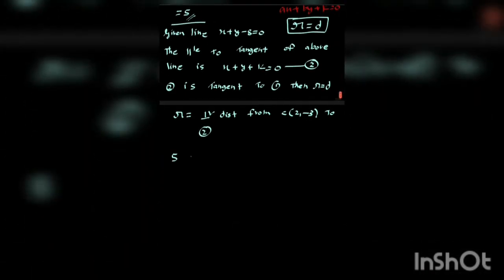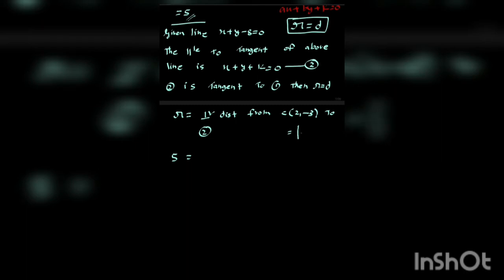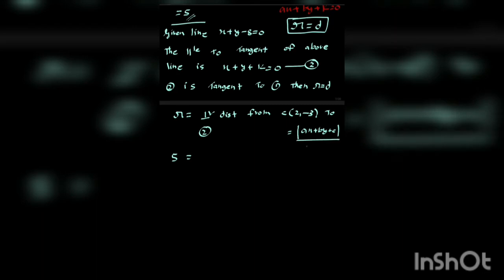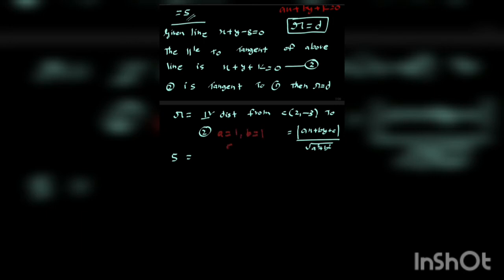It is 5, and perpendicular formula, that is mod ax plus by plus c by root over a square plus b square. So here what is a? A is equal to 1, b is equal to 1, and c is equal to k.